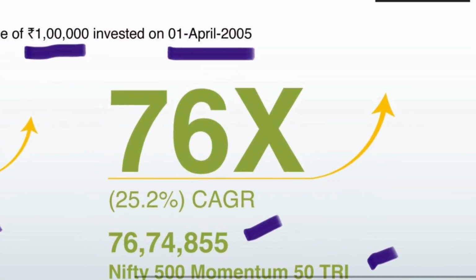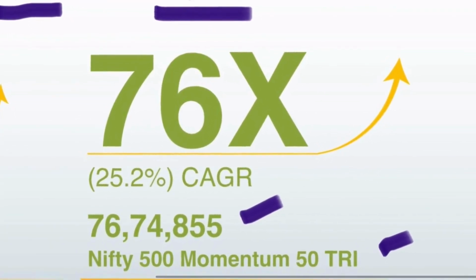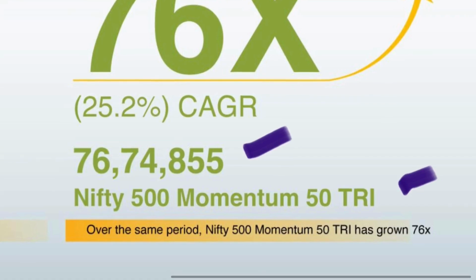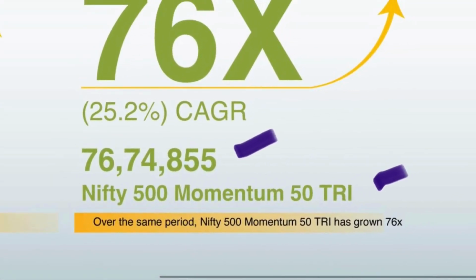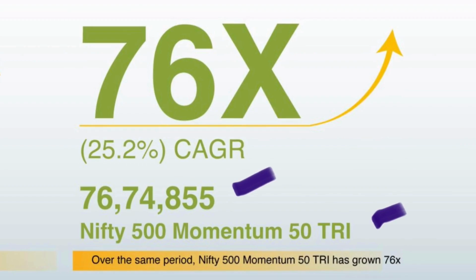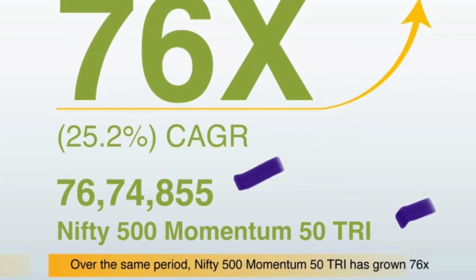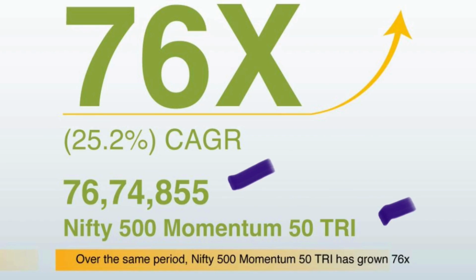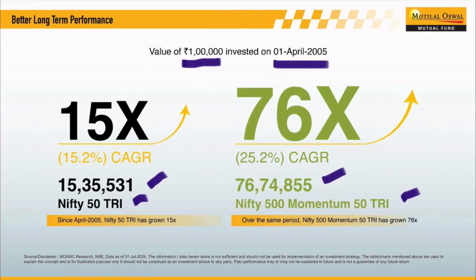While the same investment of 1 lakh in April 2005 in Nifty 500 Momentum 50 TRI gave 76 times the investment value with 25.2% CAGR. And the value today of that 1 lakh investment made in April 2005 is 76 lakh 74,855. So this is the difference in performance between a momentum fund and Nifty 50, which is the major index of India, of NSE.